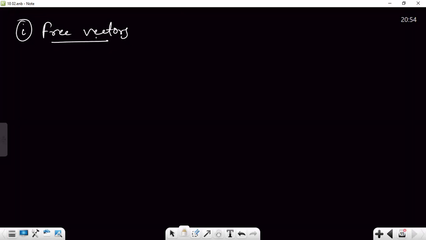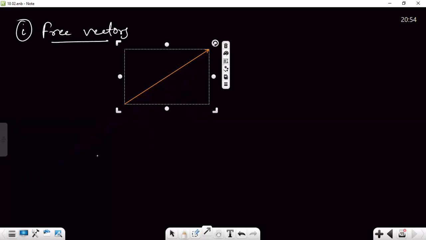A free vector depends only upon its direction and magnitude. It does not depend upon its position in space. So, like this vector is in this direction, I can move it in this direction in whichever way, in this direction in whichever way. That's a free vector. Understood?